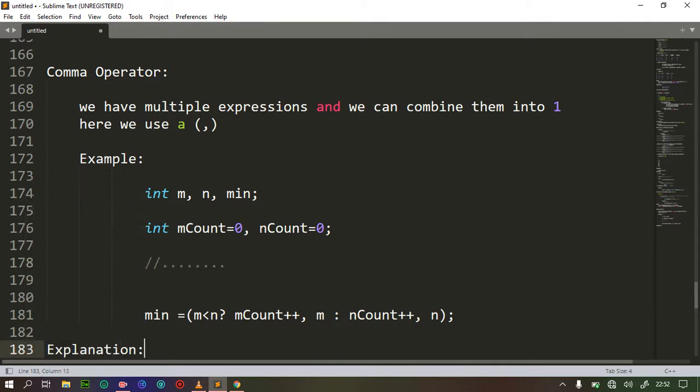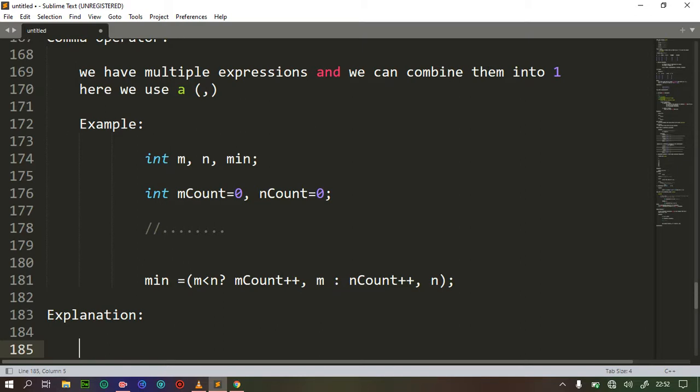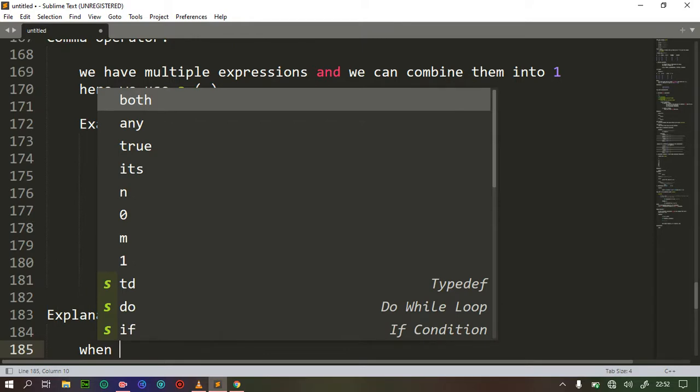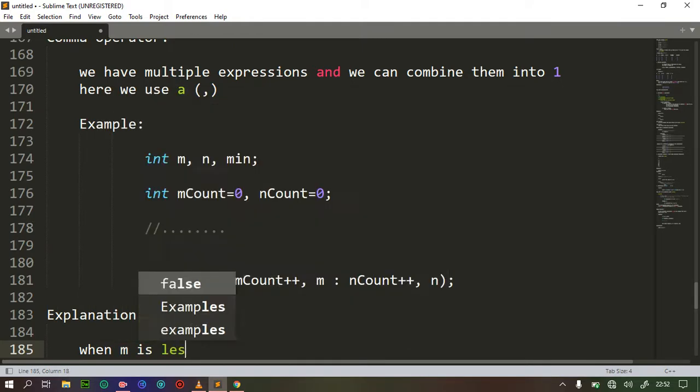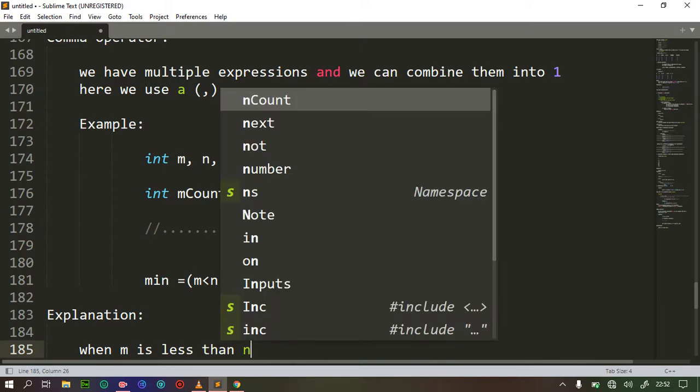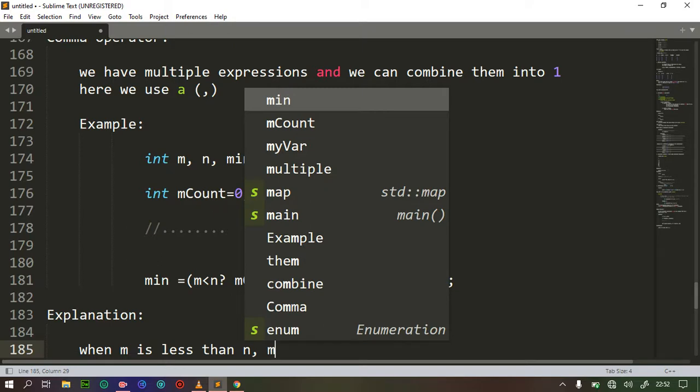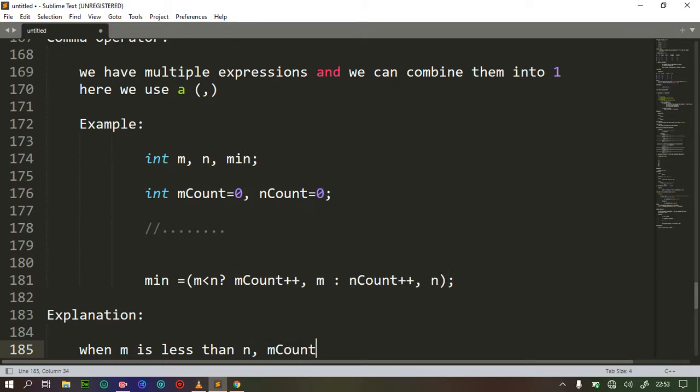In the explanation, sometimes I just love talking, but if I just talk, people will not pick the concept well. So in the explanation, when m is less than n, m count is evaluated. I think I'm making more sense now.